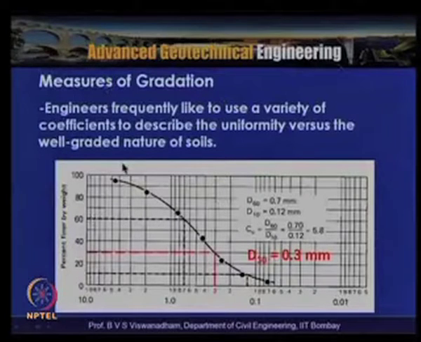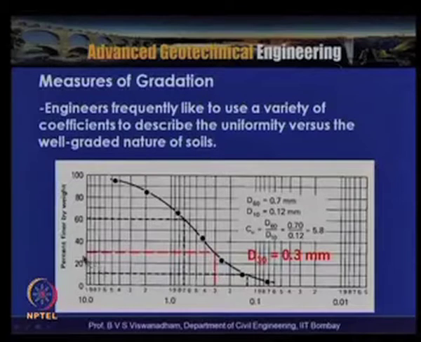So, as I said, D30 can be determined from the graph like this, and Cu is called D60 by D10. In this case, for this type of soil it is obtained as 5.8. D60 and D10 are also used to determine the coefficient of curvature, that is D30 square divided by D60 into D10.